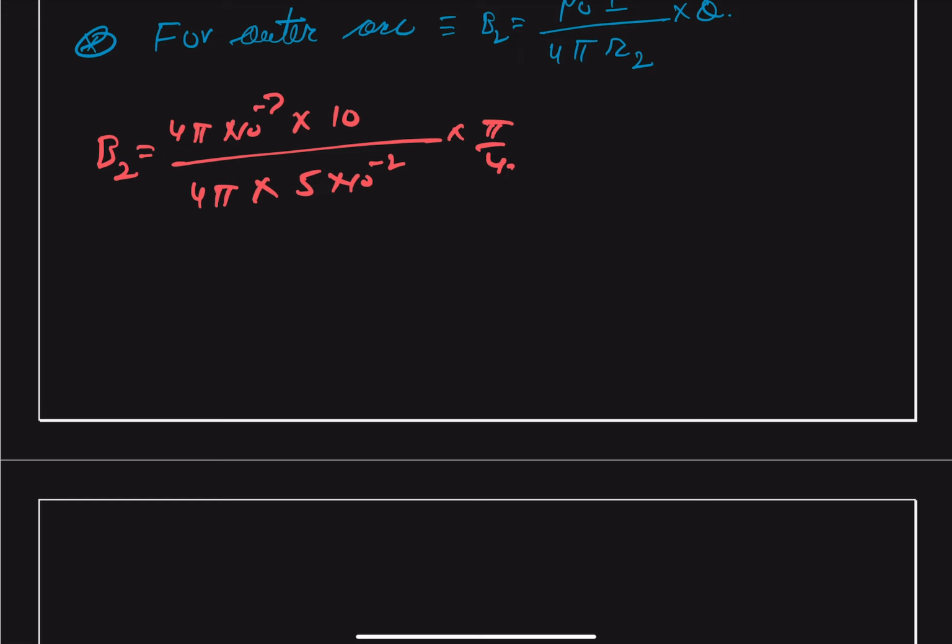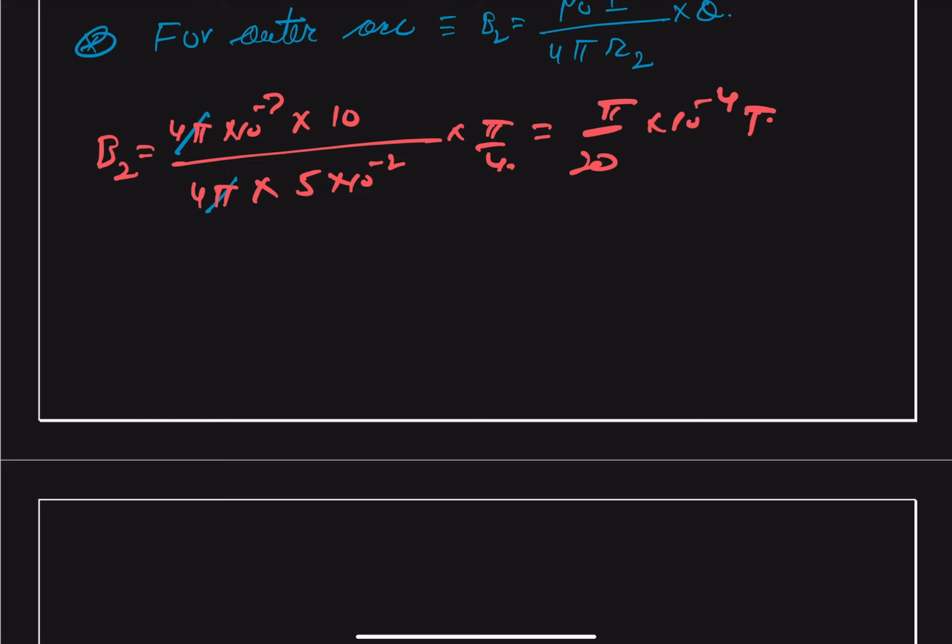And here also this 4 pi cancels out, and this comes as 20. So we can write this will be equal to pi by 20 into 10 to the power minus 4 Tesla.